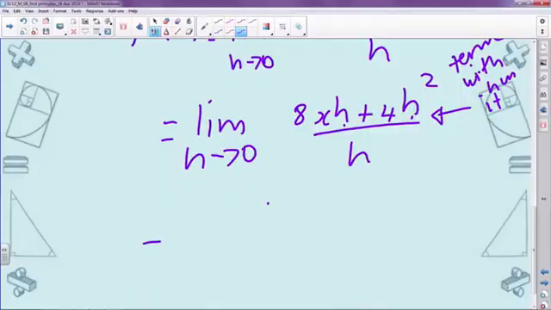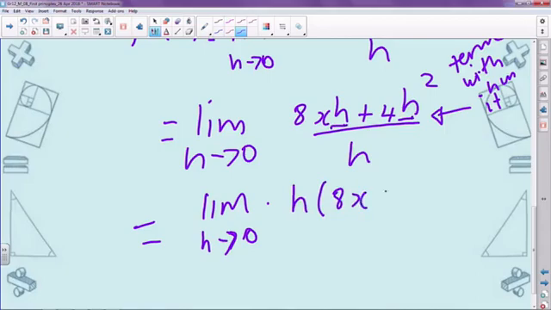So at this point you can see I've only got terms with h in it, which means I can factorize my numerator by taking h out as a common factor. If I take h out, I divide through by h, I'm going to be left with 8x plus 4h. So I divide each and every term by the h that I've taken out as a common factor.